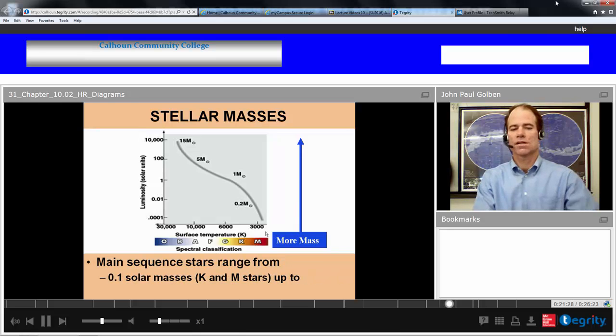The main sequence stars range from about 0.1 solar masses, which are the K and M red dwarfs, up to about 20 solar masses as we get into the O and B stars, very hot blue giants on the main sequence.